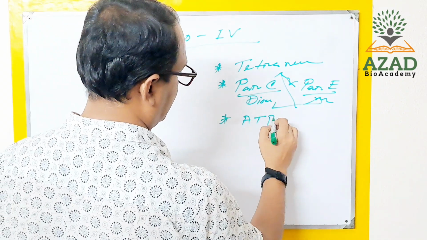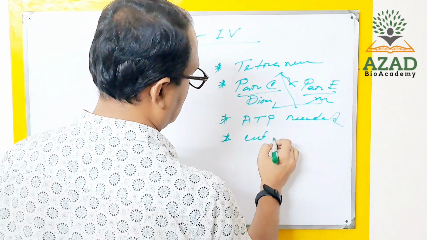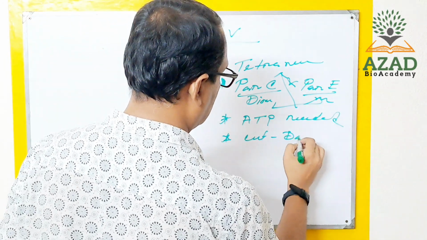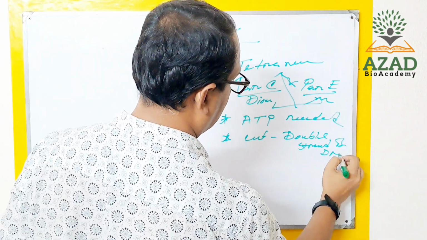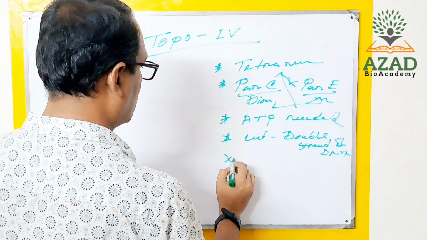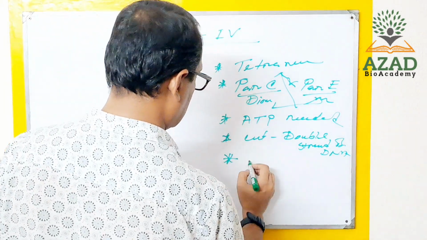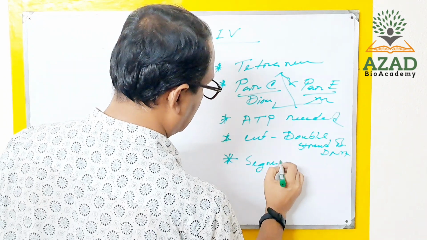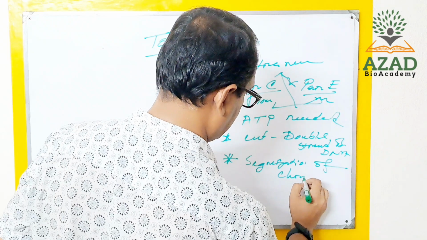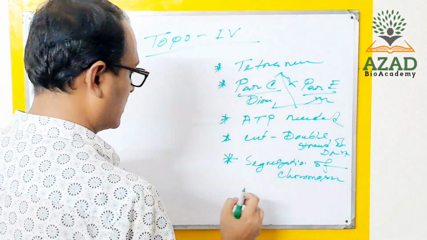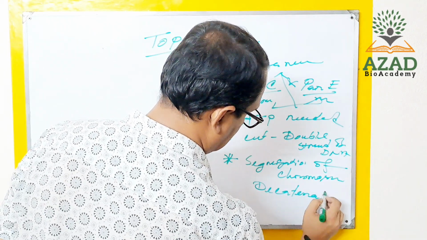ATP needed. It will cut double strand of DNA. Okay, and it will work basically during segregation of chromosome, or you can say decatenation.